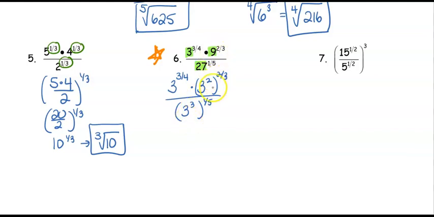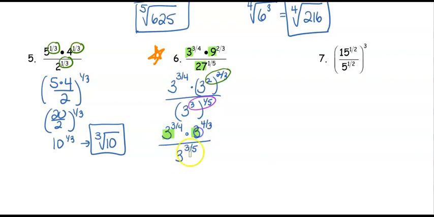So I'm replacing the 9, I'm replacing the 27. Once I do that, I now have a power to a power, which means I'm multiplying. 2 times 2 is 4 divided by 3. On the bottom, 3 times 1/5 is 3/5.